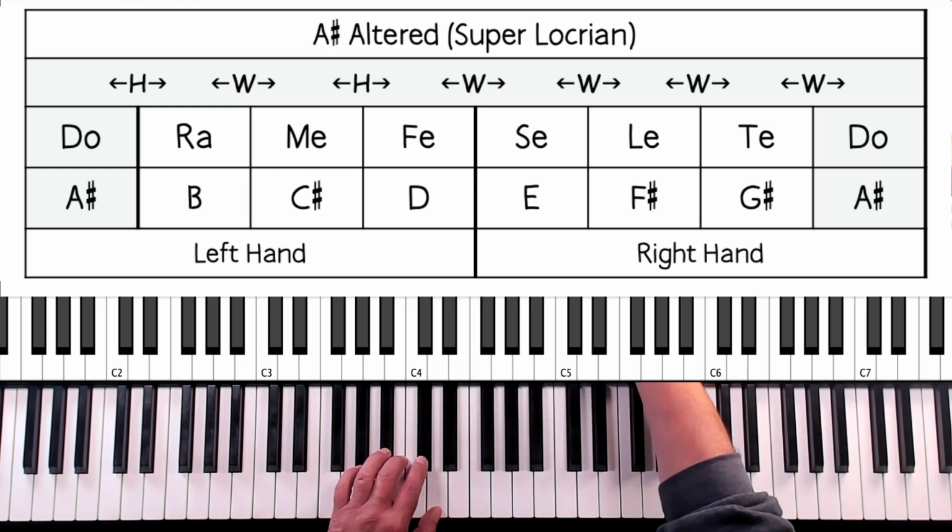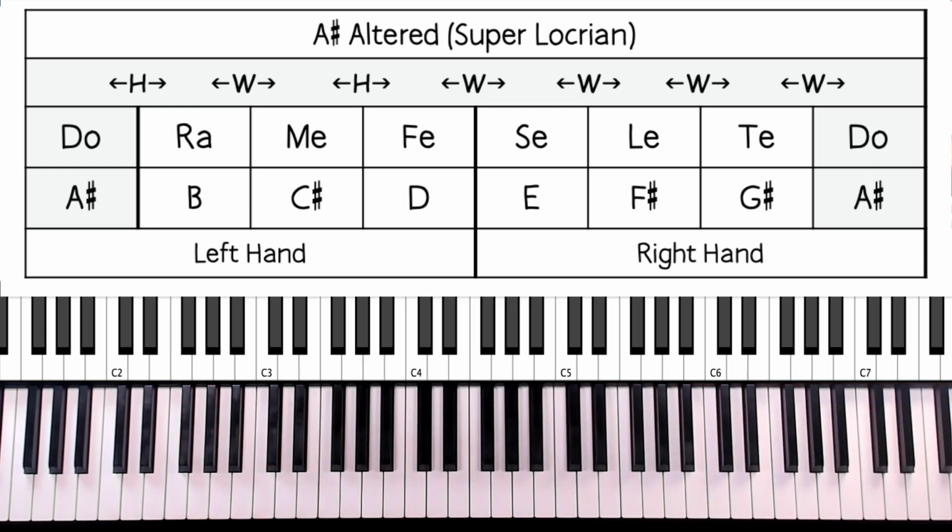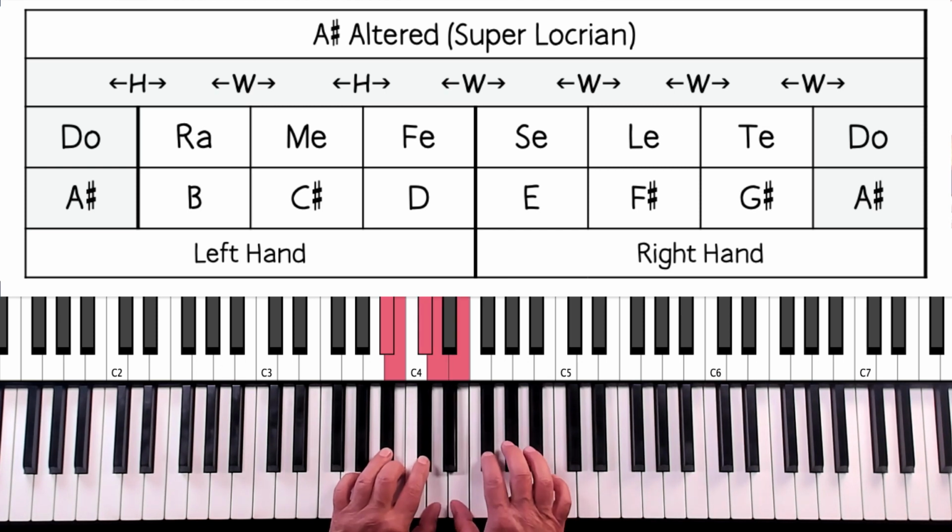Okay, good. And now I want to do the same, the enharmonic. I think it's way more practical. A sharp altered, or A sharp superlocrian. That would be in relationship to the B melodic minor. So here we go, we're going to build it up. Do, ra, mi, fe, se, le, te, do, and together.